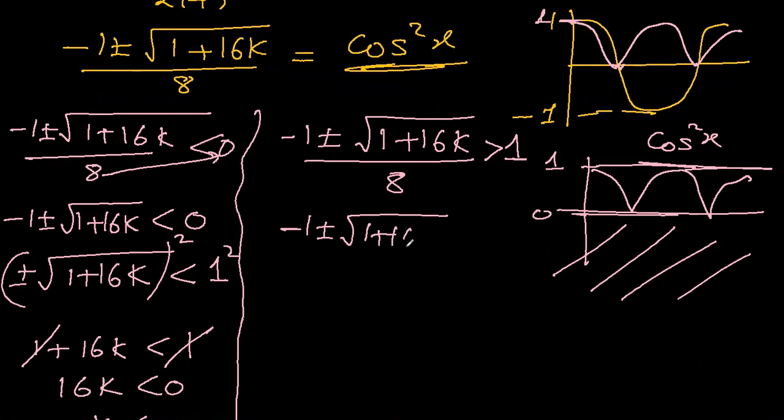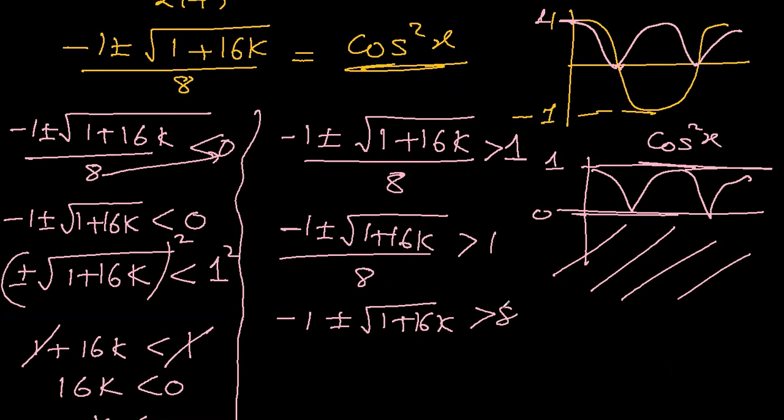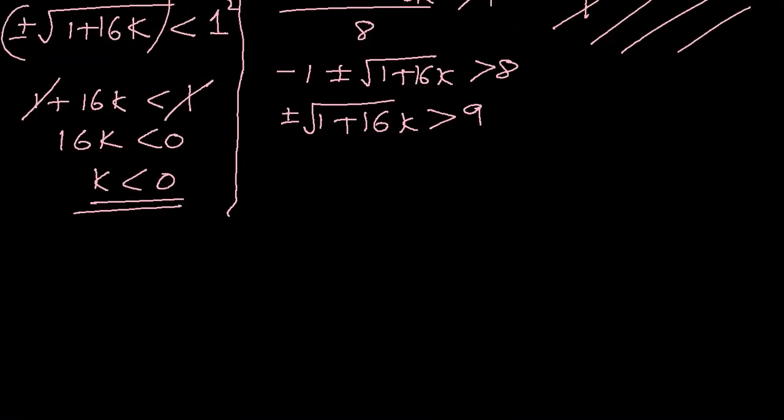So minus 1 plus minus square root of 1 plus 16k is greater than 8 plus 1, 9. So square both sides again.